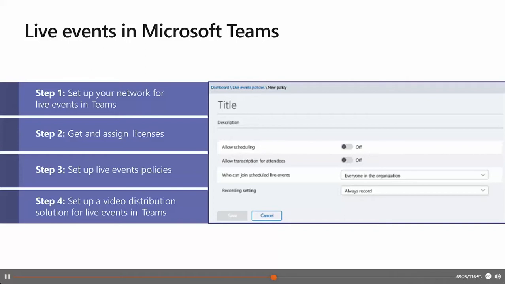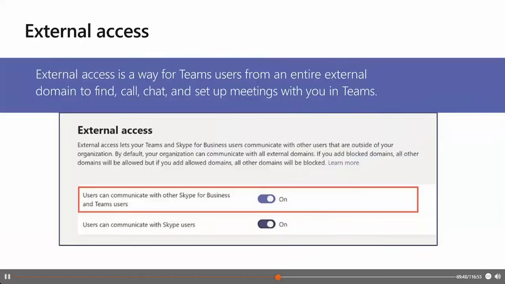For organizations that want to reduce the internet traffic, live event solutions are integrated with Microsoft Trusted Video Delivery Partners, with software-defined networks and ECDNs, Enterprise Content Delivery Networks. And this gives you a really great opportunity to work with live events in Microsoft Teams.